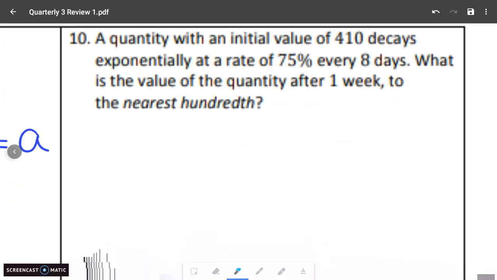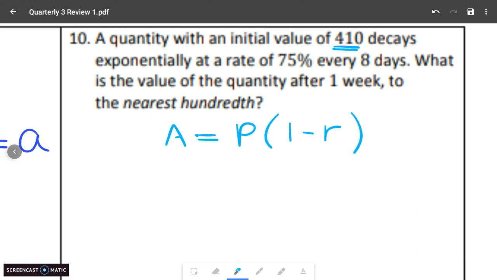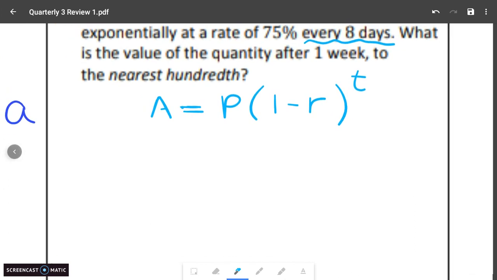First off, my initial value is 410 and it's decaying exponentially every 8 days. So that means we are doing the decay formula, but t is not going to be in years this time because it says every 8 days.